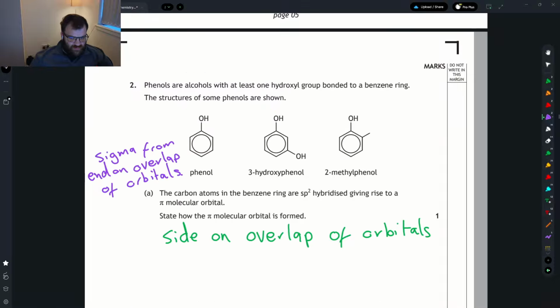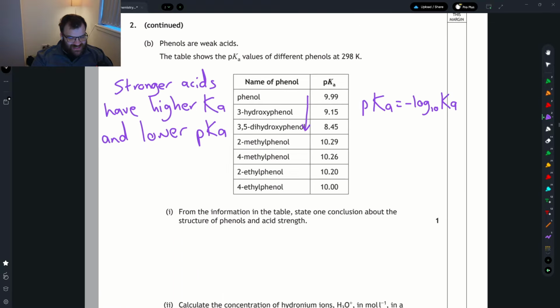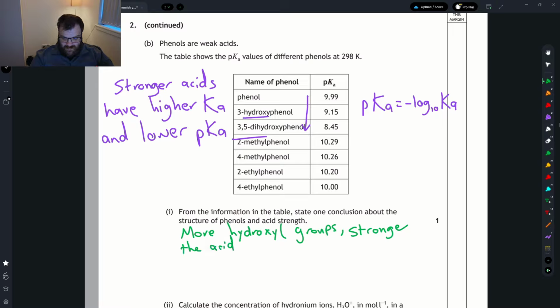So if we go from phenol to 3-hydroxyphenol, that's an extra hydroxyl OH group. So we've got one OH, two OHs, and then three OHs. The pKa is going down, which means that it's going to be a stronger acid. So more hydroxyl groups, the stronger the acid.